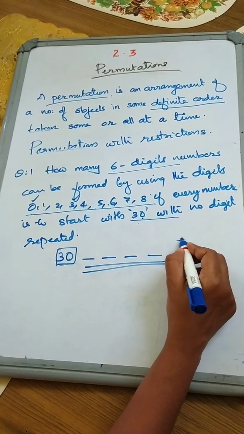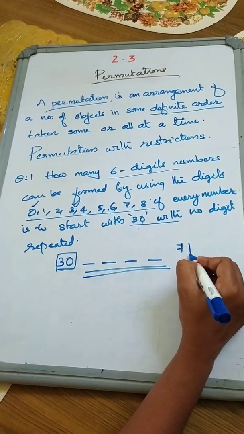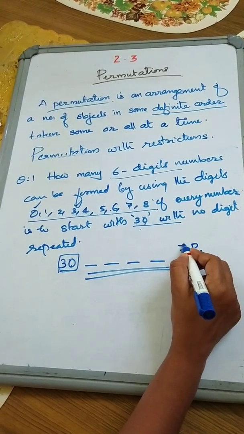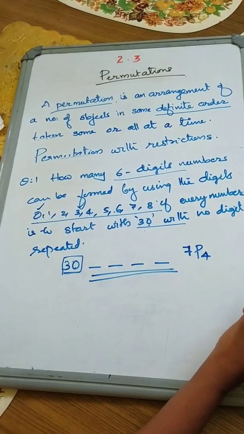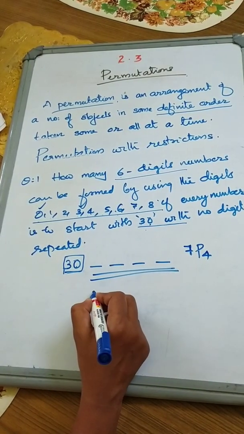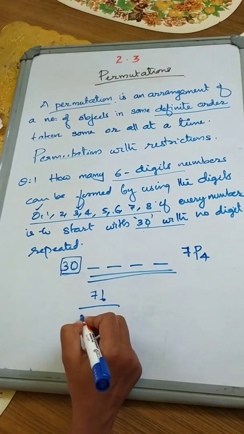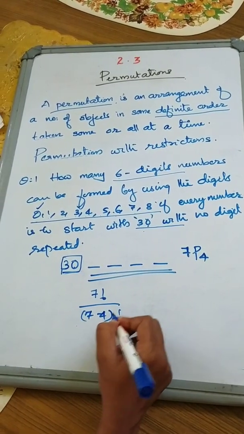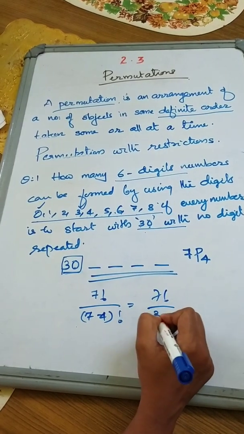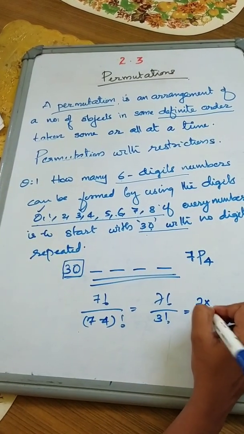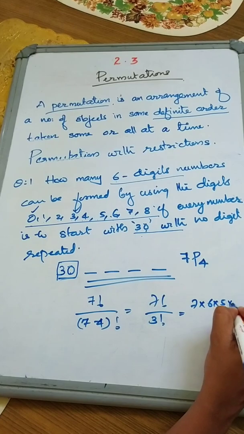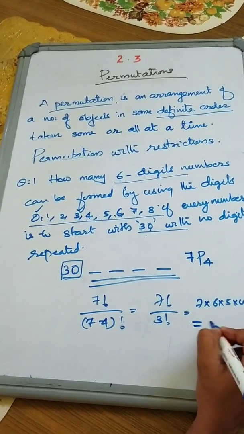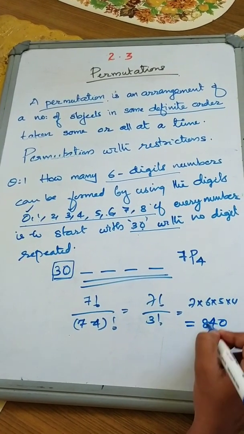We have to select 4 digits from the remaining 7, because repetition is not allowed. So it is 7 factorial divided by (7 minus 4) factorial, that is 7 factorial divided by 3 factorial, that is 7 into 6 into 5 into 4, and the answer is 840.